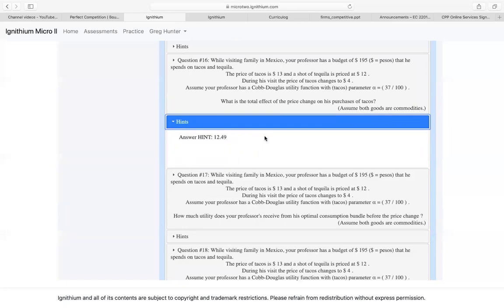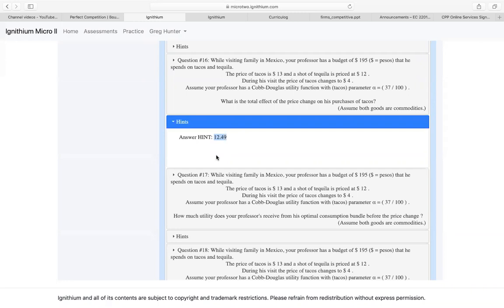So the decrease in the price, this is what it's asking about, right? The price change, which is a decrease in price in this case, caused the consumer to purchase 12.49 more units of the good.